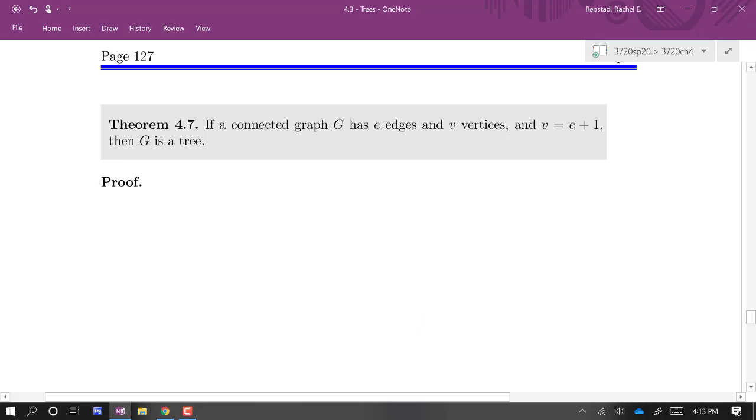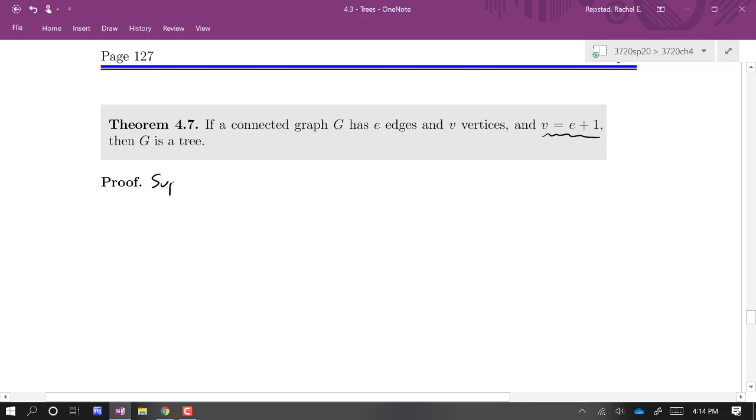All right, so this next result is going to build on what we know about the relationship between the number of vertices and edges of a tree. If we have a graph that's connected with E edges and V vertices, and we know that this equation holds, that V is equal to E plus 1, then G must be a tree.